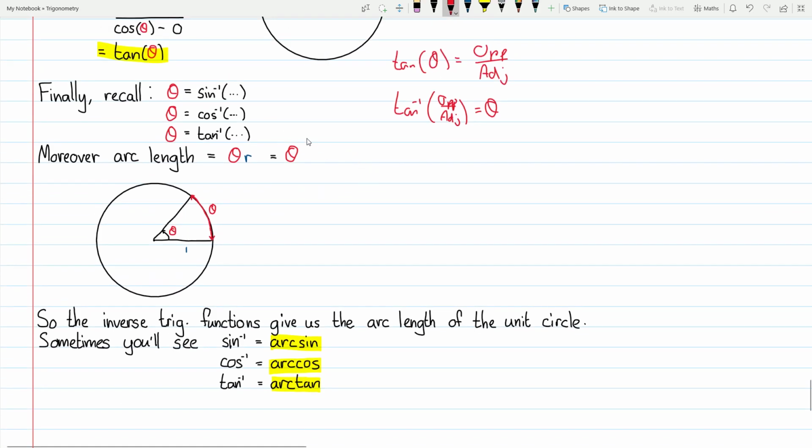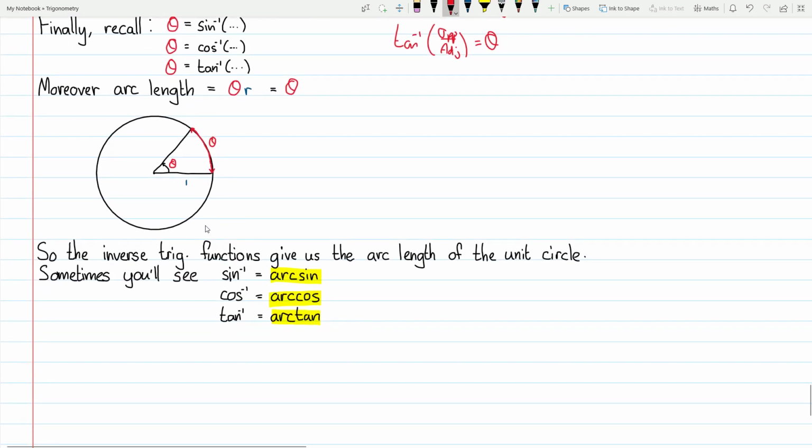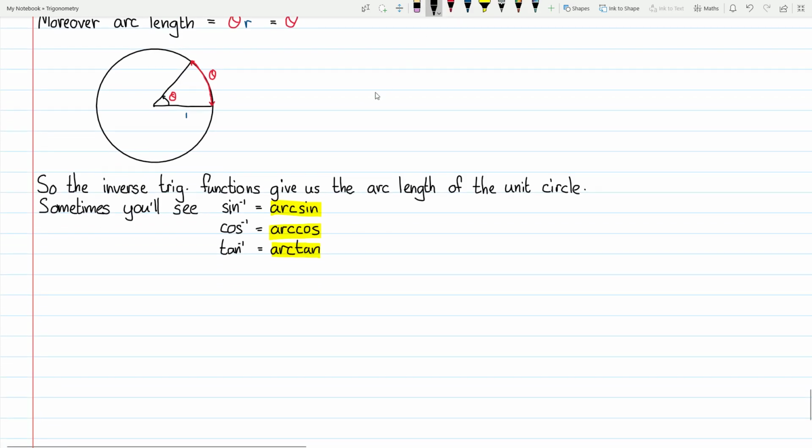Because the inverse trig functions are equal to the angle, and the angle is equal to the arc length, the inverse trig functions give you the arc length of the unit circle when you measure in radians. And there's new notation which you'll often see. Instead of using sine with the superscript -1, you'll see the inverse sine function written as arcsine. And arc is because the inverse function gives you the arc length.